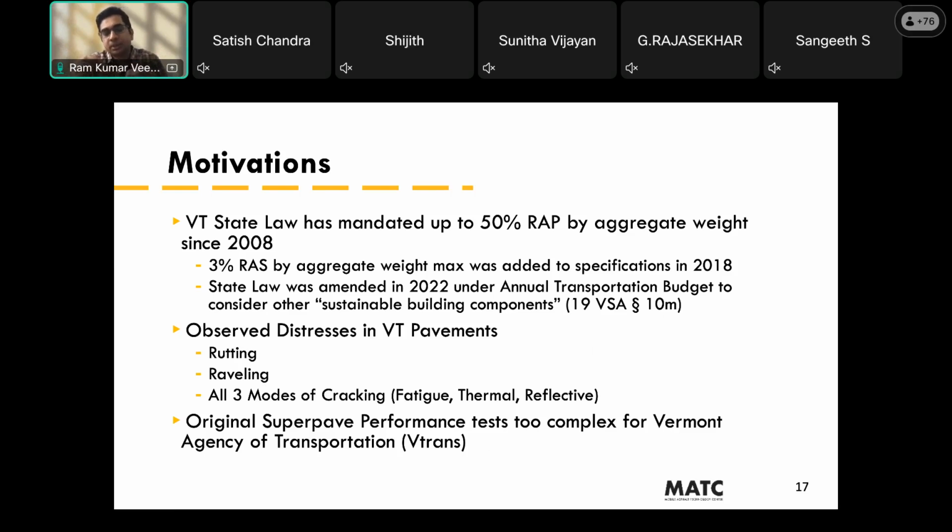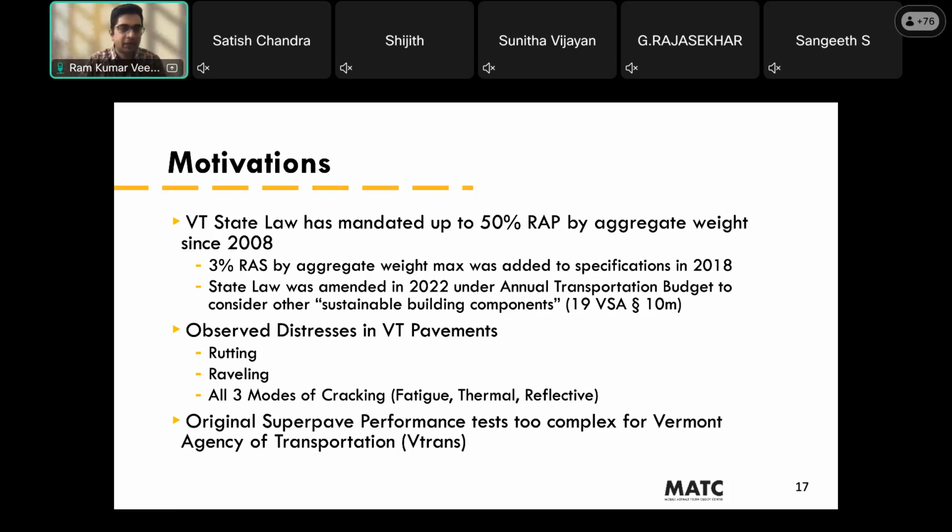The reason being that Vermont is a cold state. And when you add more than 20% RAP in your mix, you're basically making the mix stiffer. And when you make the mix stiffer, you need to grade bump your binder grade as well. So this would impact the overall performance of your mixes. So Vermont was sticking with a maximum allowable RAP percentage of 20%.